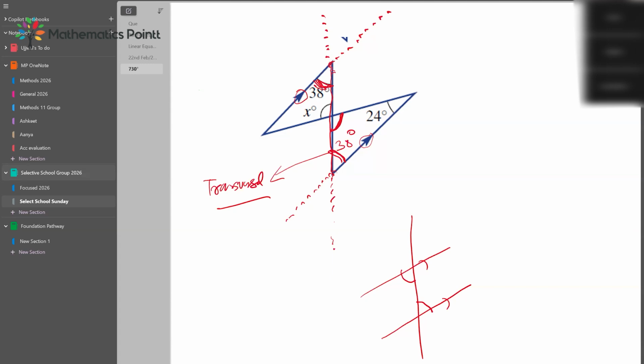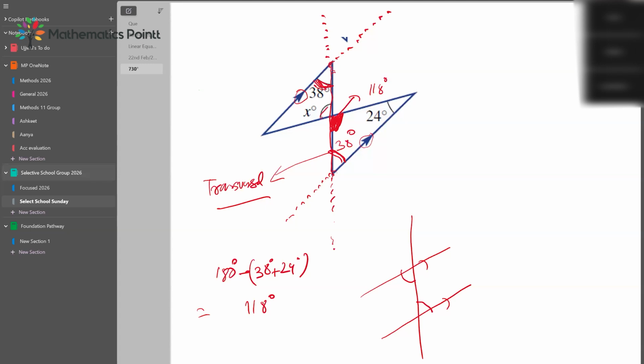So this angle is 180 take away 38 plus 24, which is 118. So this angle here, which I'm now shading in red, is 118.